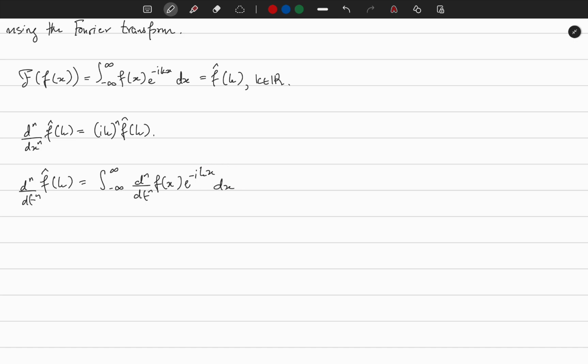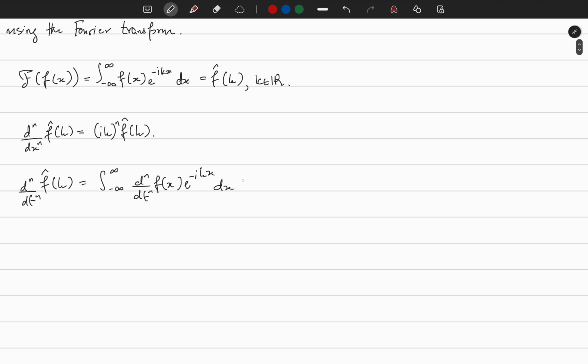And it turns out that the t derivatives commute with the transform. So we can pull it outside and change it into a partial derivative. But this integral is simply the transform of f, which is simply partial n, partial t to the n of f hat of k.